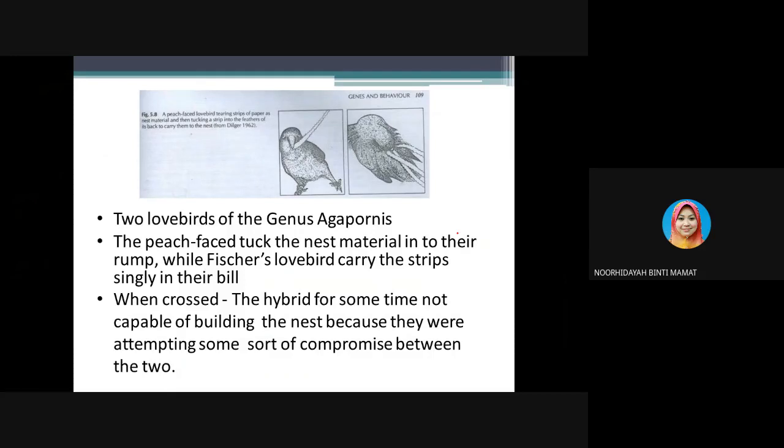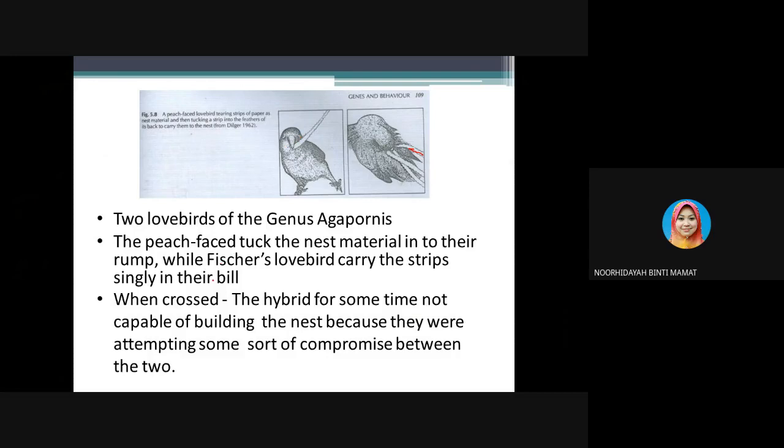The other example is where we want to relate behavior with genes: the two lovebirds of the genus Agapornis. The peach-faced lovebird will tuck the nest material into its rump, while the Fischer's lovebirds will carry the strips singly in their bills.